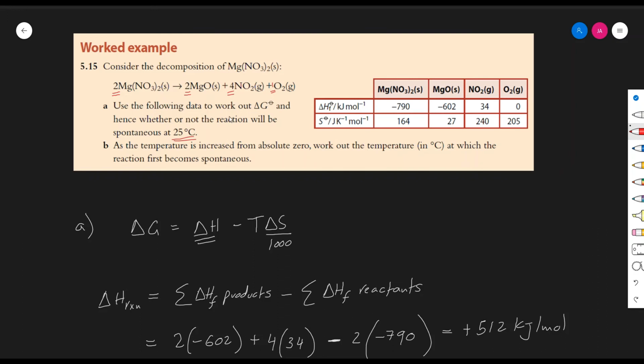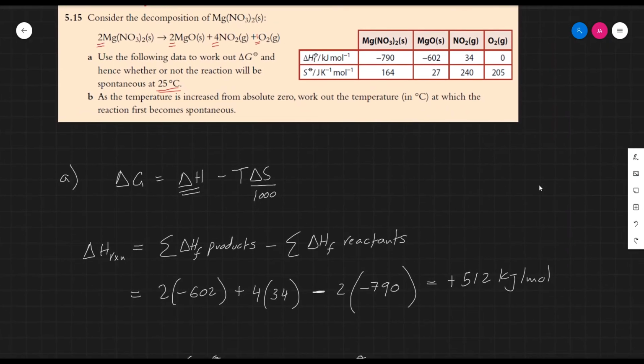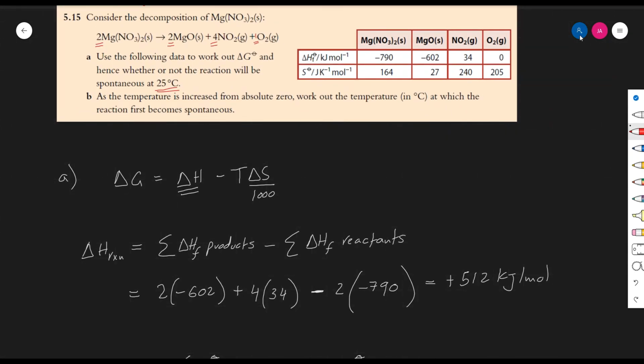Therefore, the first thing I did over here using the values above was to calculate the enthalpy change of the reaction using enthalpy change of formation values, by subtracting the sum of the enthalpy change of formation of reactants from the sum of the enthalpy change of formation of products.